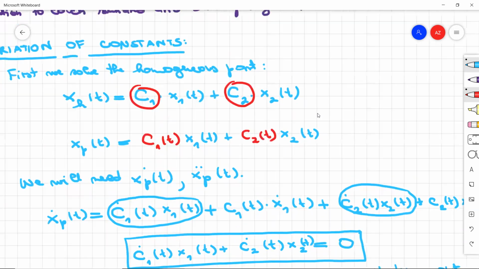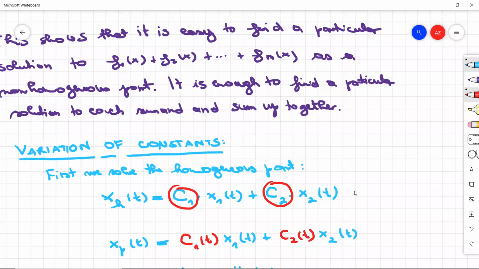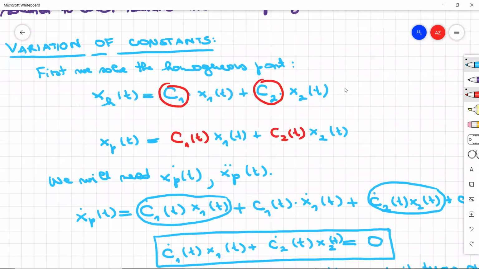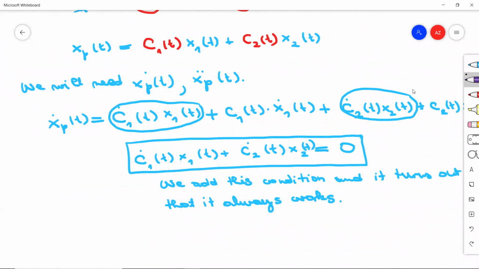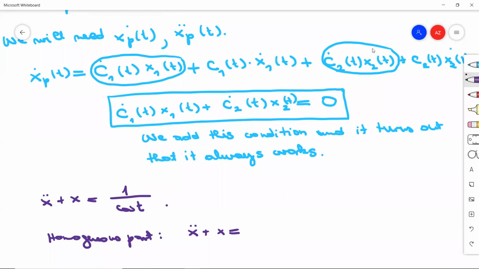So let's start working with our specific equation so that we will see this technique, variation of constants, on this example. We have x double prime plus x is 1 over cosine of t. So the homogeneous part is x double prime plus x is equal to 0.